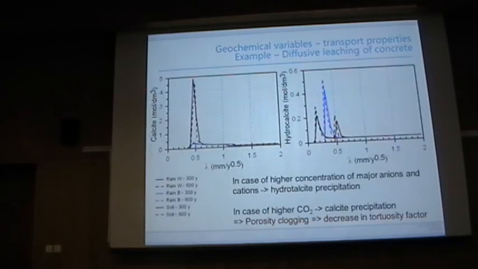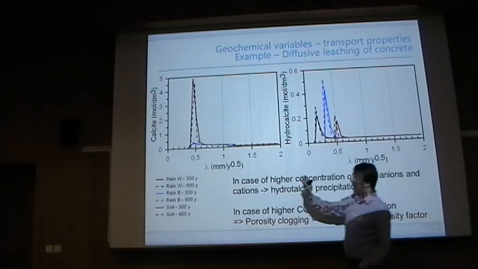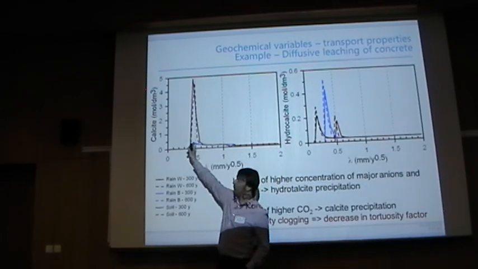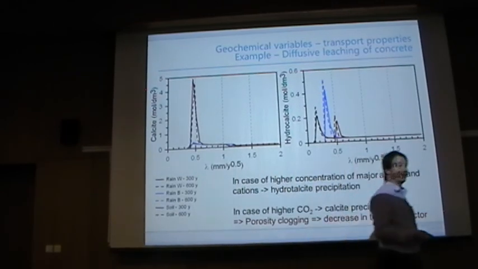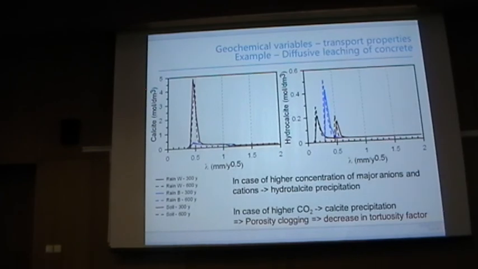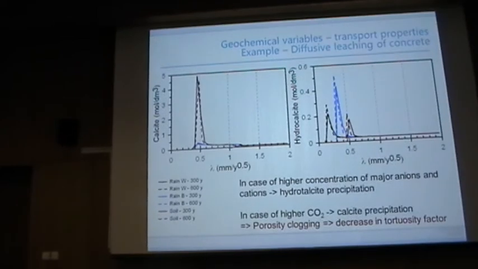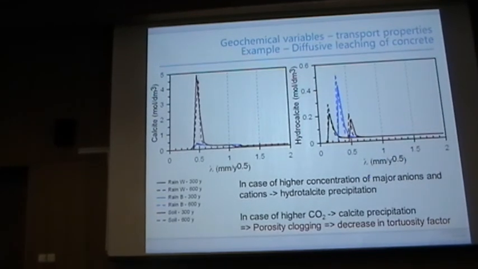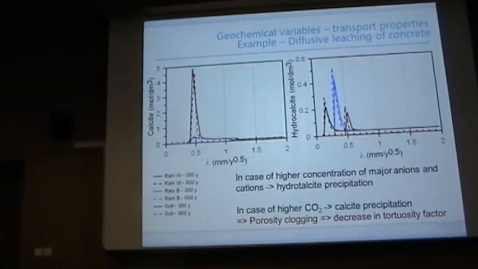And the reason is found in the precipitation of calcite near the boundary. So you see in the soil water we get lots of calcite precipitation there, basically clogging the pores, so that the dissolution front cannot move much faster anymore.